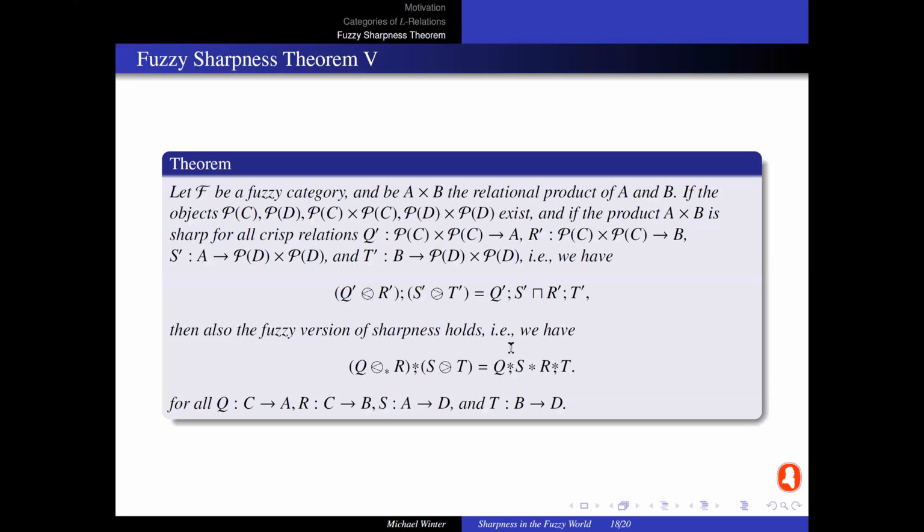So in general, you get the theorem over here saying that if you have a bunch of additional products, four of them, and for the product in the middle there is a sharpness, then you get the fuzzy sharpness.